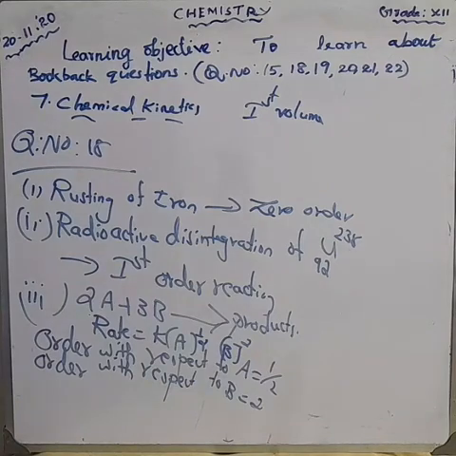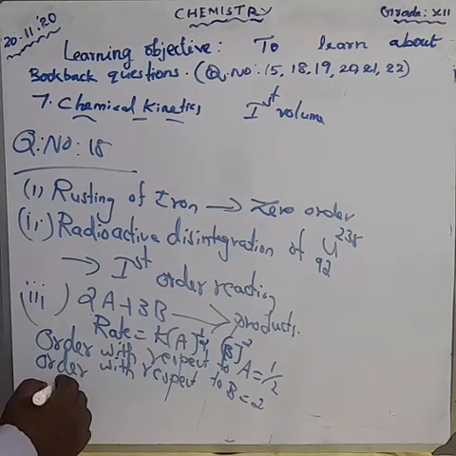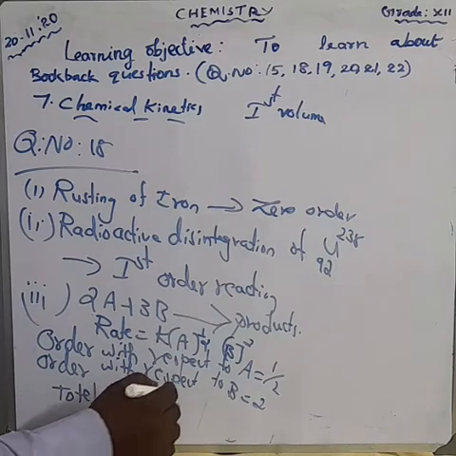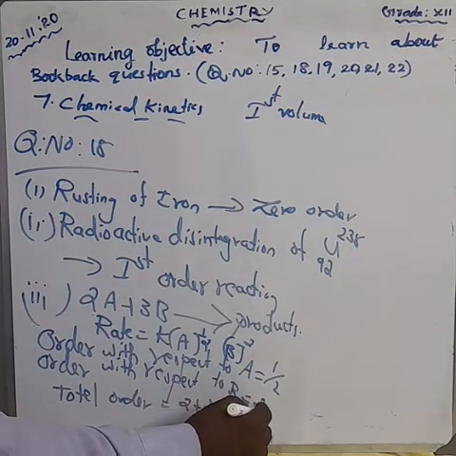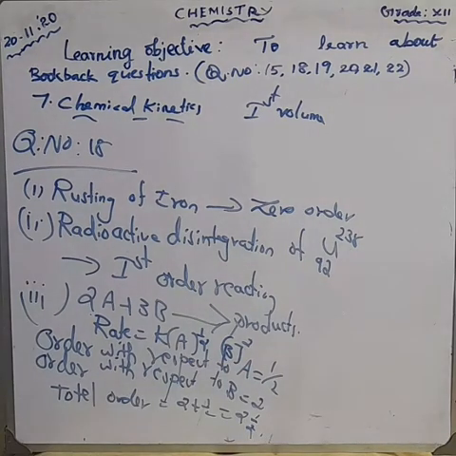What is the total order? Total order means 2 plus half. Two plus half is equal to 2 and a half. Okay, the total order is 2 and a half.